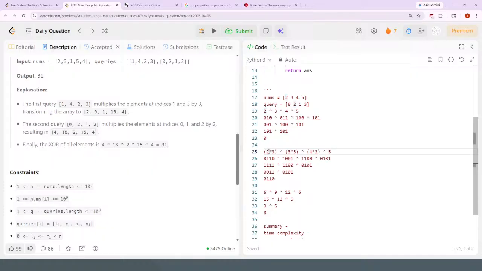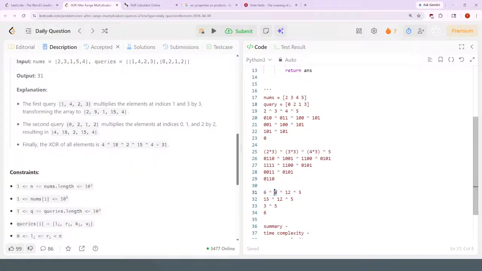Alright, I think I want to do one test case here. Let's say the multiplier is 4 instead of 3.